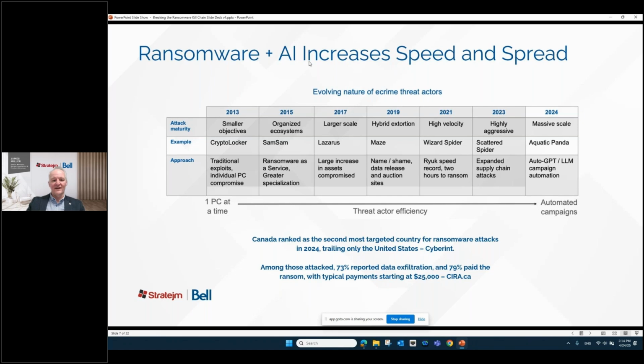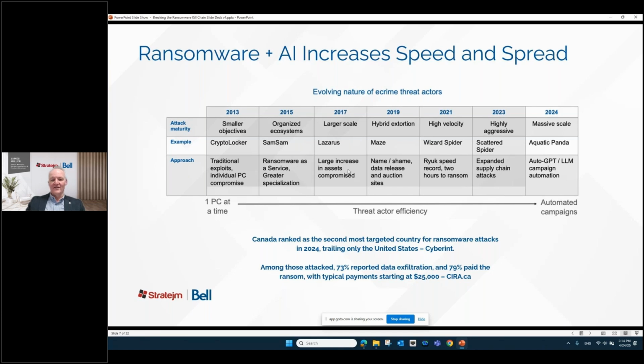And nation states enter the ransomware realm with Lazarus. And Lazarus created greater ransomwares that are now really hours down from days.